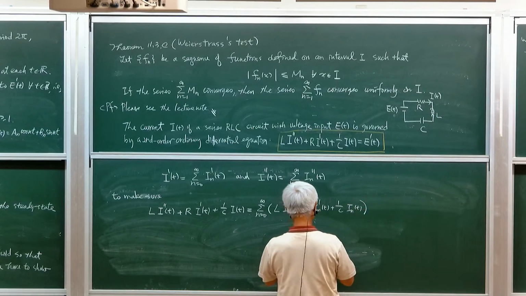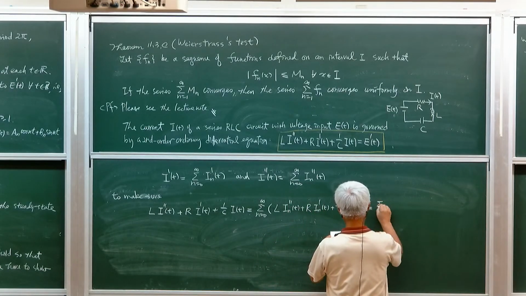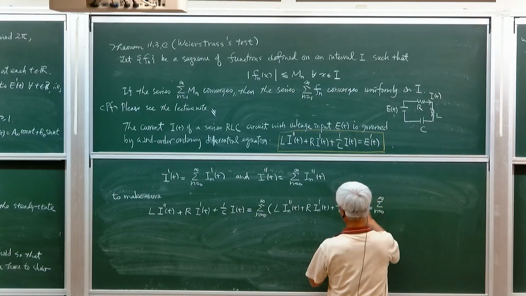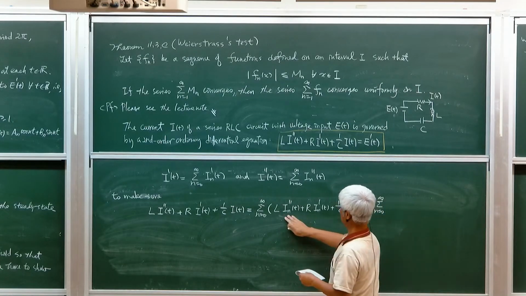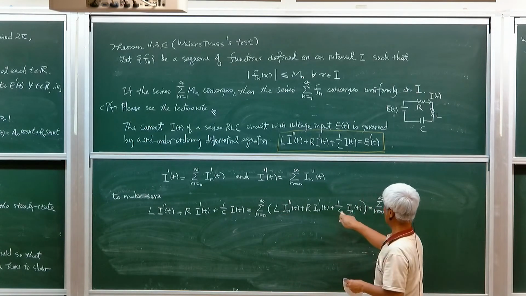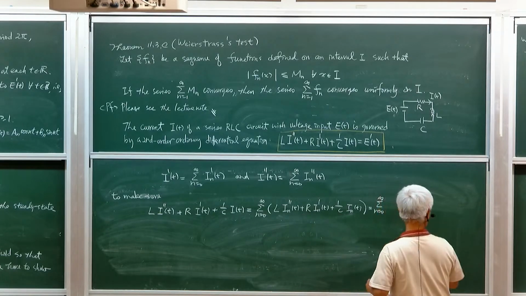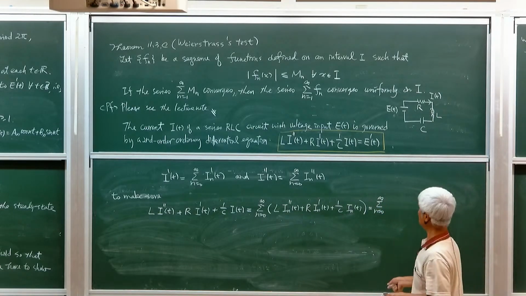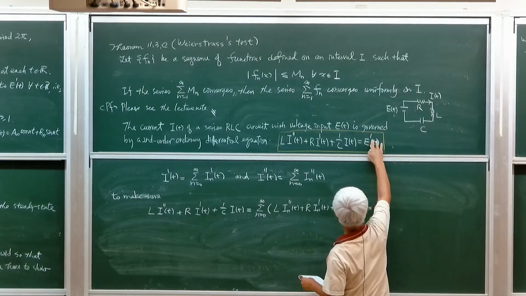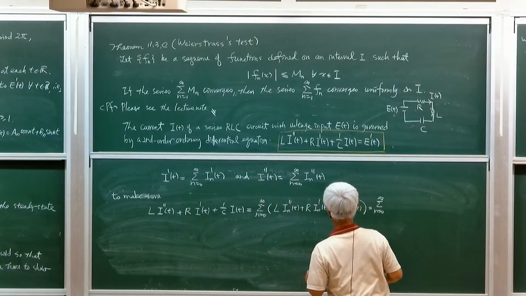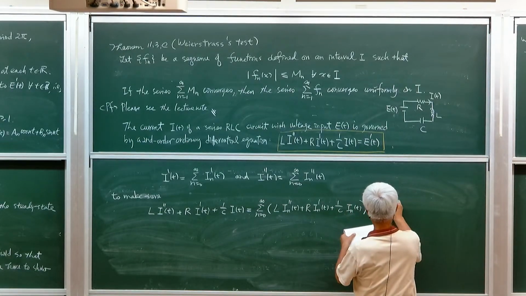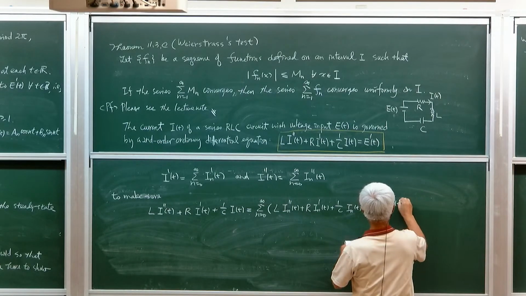And for each one, this is just the ODE here when the input is the nth component, so this is equal to En prime t.